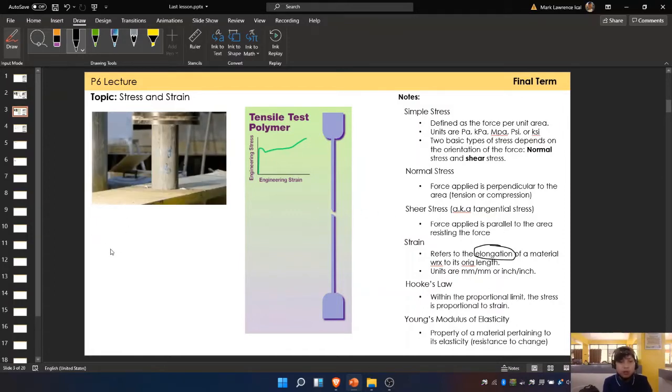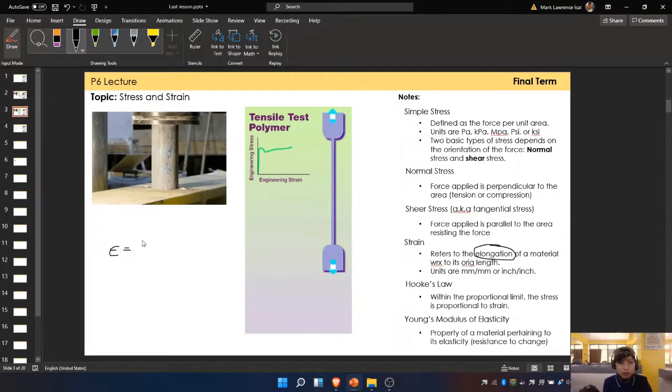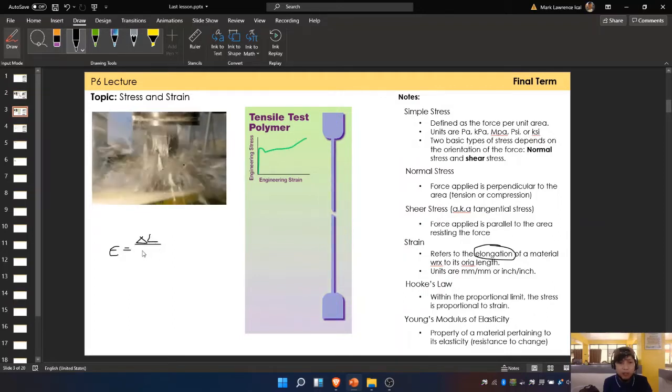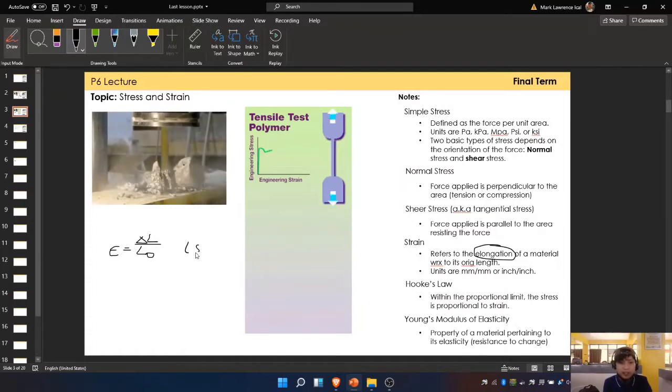And the formula of strain is expressed as E equals change in length divided by the original length. So that's strain.